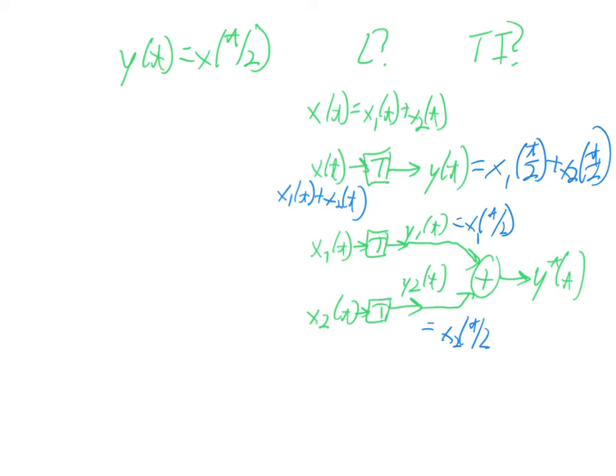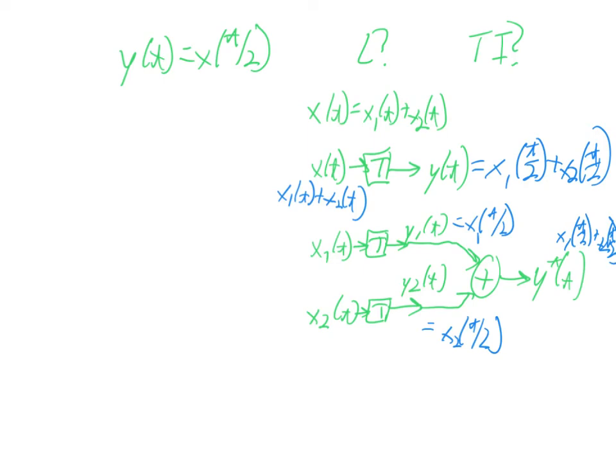We're just applying the system rules to those two parts, and we add them together. And they are equal using both methods. So this is a linear system.